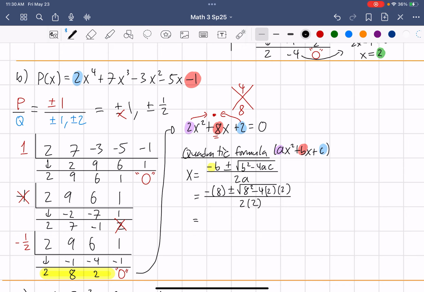Then we slowly simplify. So it's -8 plus or minus the square root of 64, minus 4 times 2 is 8, times 2 is 16, so minus 16, all over 2 times 2 is 4, which is equal to -8 plus or minus the square root of 48 over 4. Now remember, we did review how to simplify these.